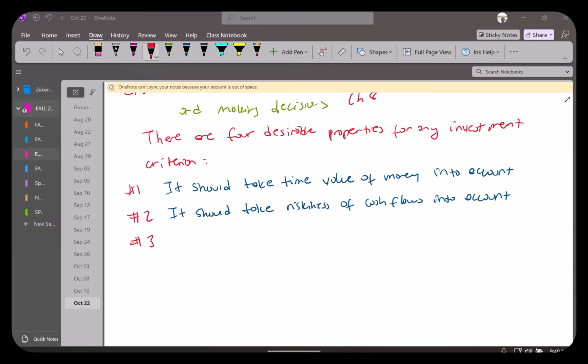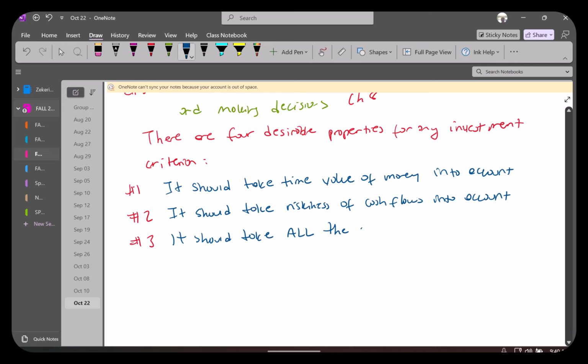Number 3, it should take all the cash flows into account. You're probably thinking that's a no-brainer. Why would I ignore some of the future cash flows?